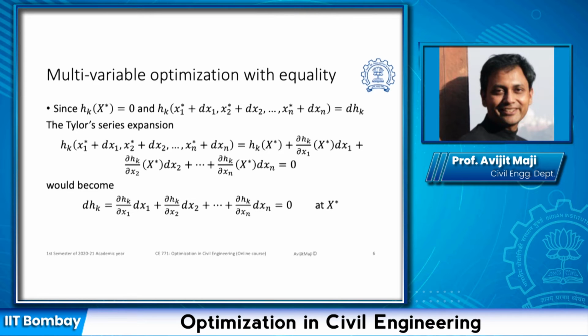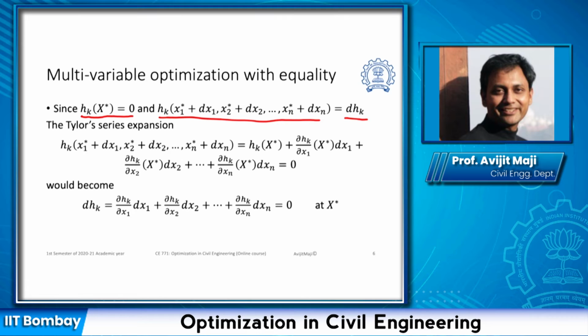Now we already know that for a particular point where we have obtained the optimum function value, the equality constraint is equal to 0. Hence we are indicating this here, and we also know this expression is actually the first order derivative of the constraint Hk.